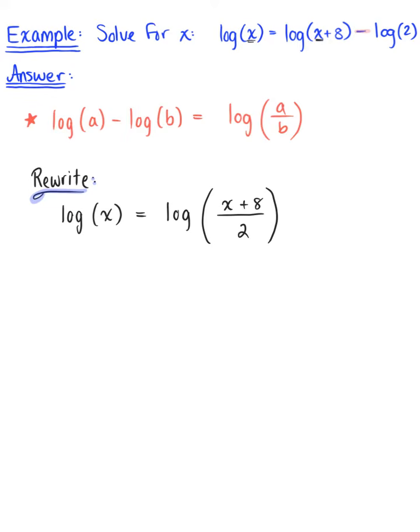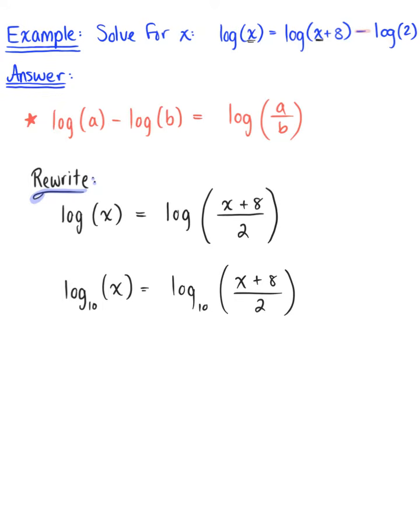How can we get rid of these logarithms? Well, keep in mind, while it doesn't appear that we have a base here, remember that when there is no clear base, this is equivalent to saying log base 10 of x is equal to log base 10 of x plus 8 divided by 2.